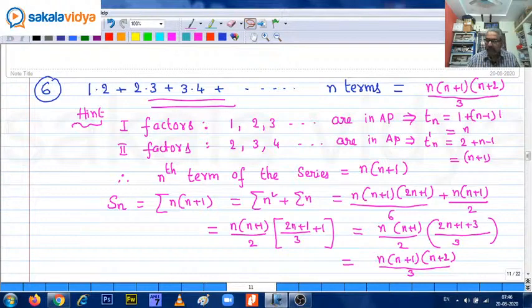See now, 1 into 2 plus 2 into 3 plus 3 into 4 and so on, n terms is equal to n times n plus 1, n plus 2 upon 3.